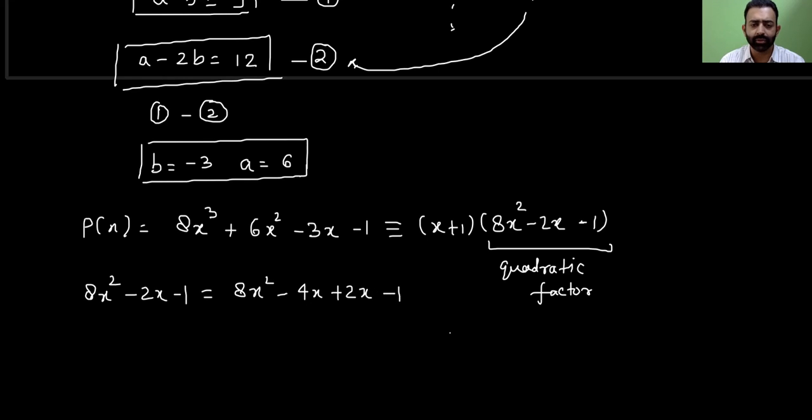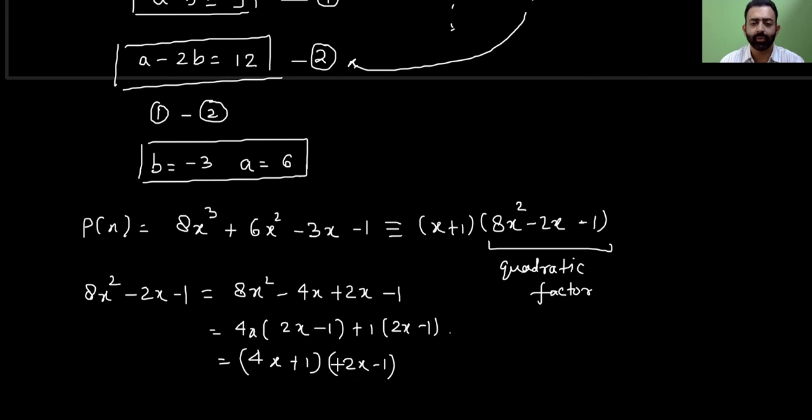Okay, -1, you will get -2x here. That means 4x common, you get 2x minus 1 plus 1, 2x minus 1. So (4x plus 1) into (2x minus 1), right?